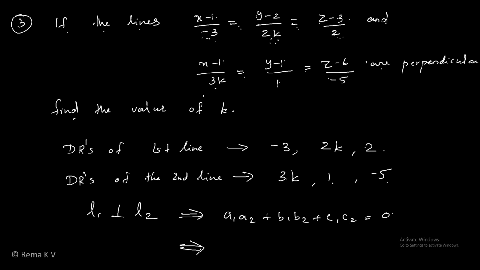It is minus 10 by 7. The value of k is equal to minus 10 by 7.